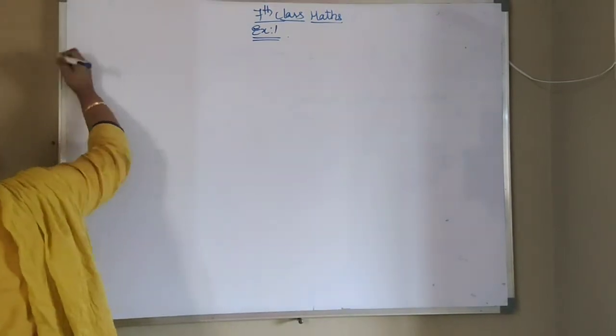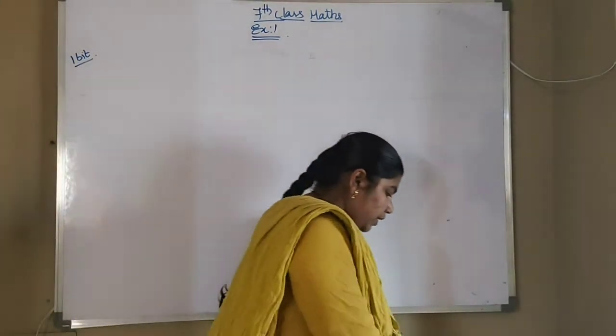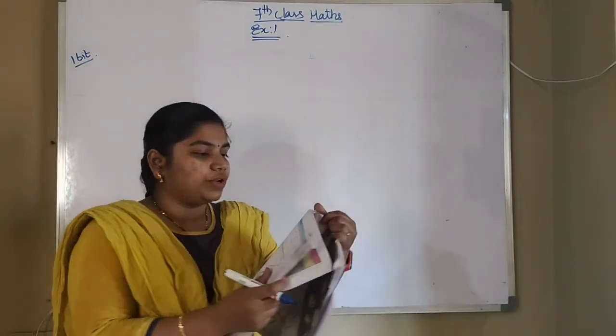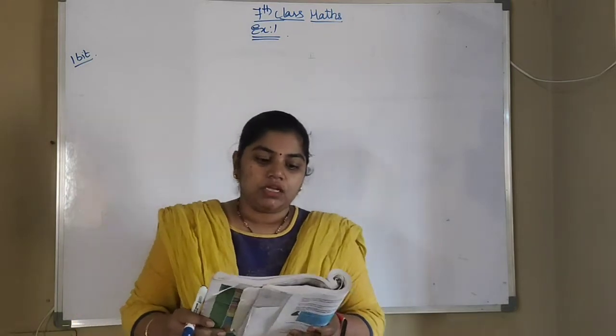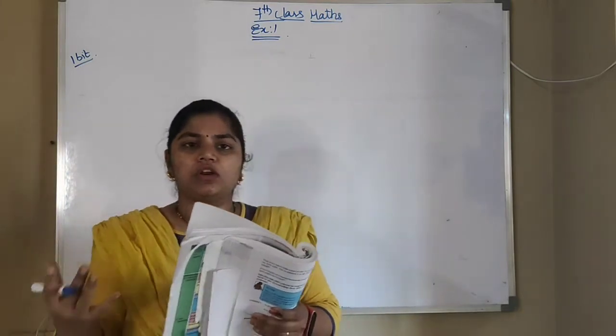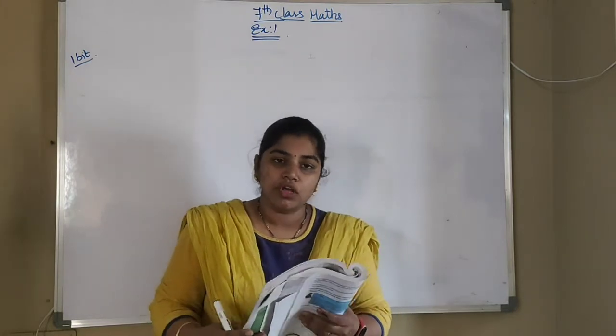So in that, the first bit we will see. So what is the first bit? Decide whether SSS congruency is true with the following figures. Give reason. So they have given two figures, whether they are congruent to each other, and why they are congruent to each other we also have to write.